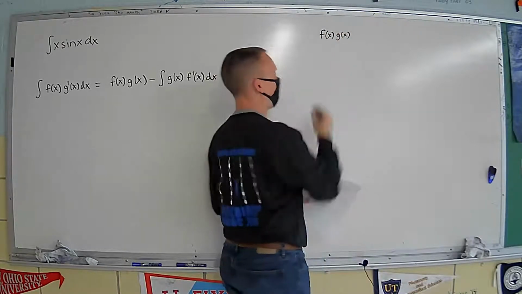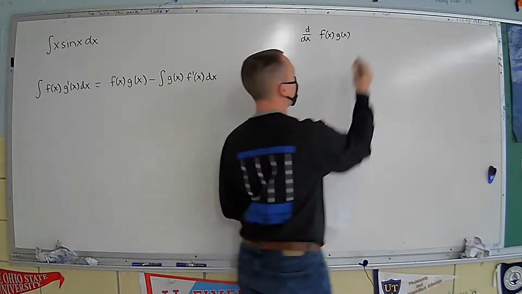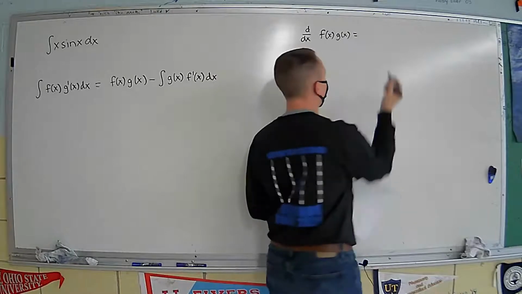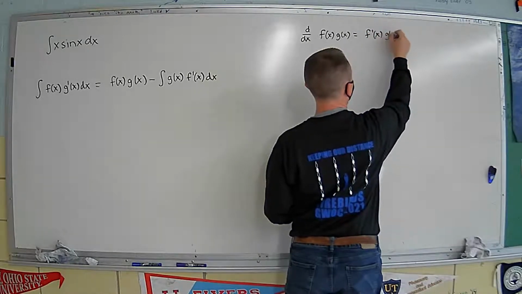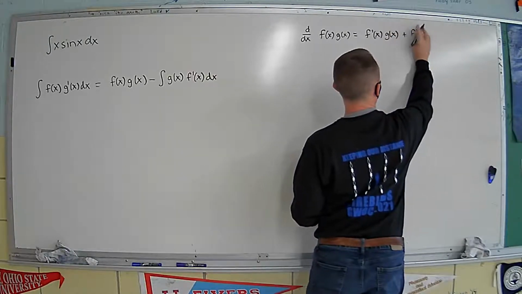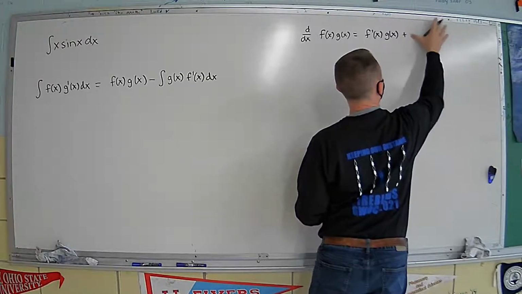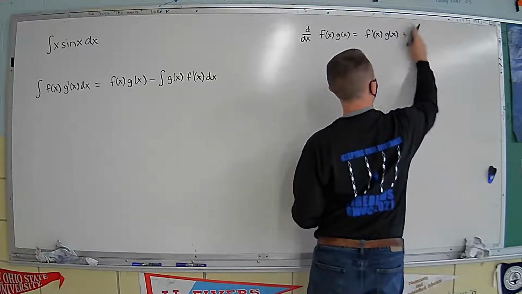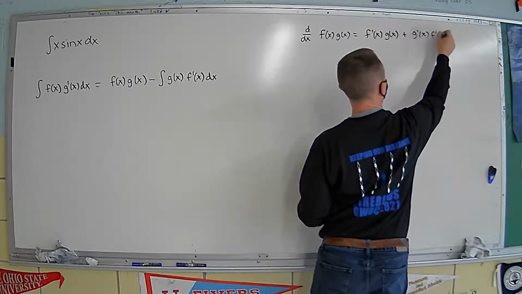if I ask you to take the derivative of that, you would say, oh, that's the derivative of the first times the second plus the derivative of the second times the first.